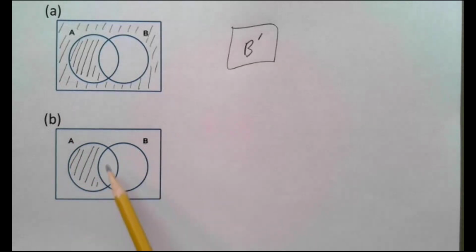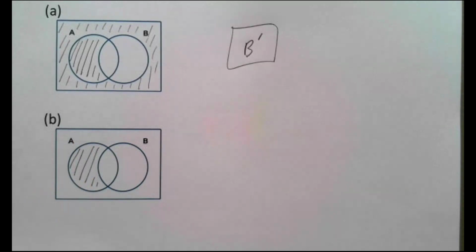So you have to not be in the B circle, but at the same time, you do have to be in the A circle. Let me say that verbally again. Think about what's shaded. It's everything that's not in the B circle, but it is in the A circle. That's what I see shaded in this picture.